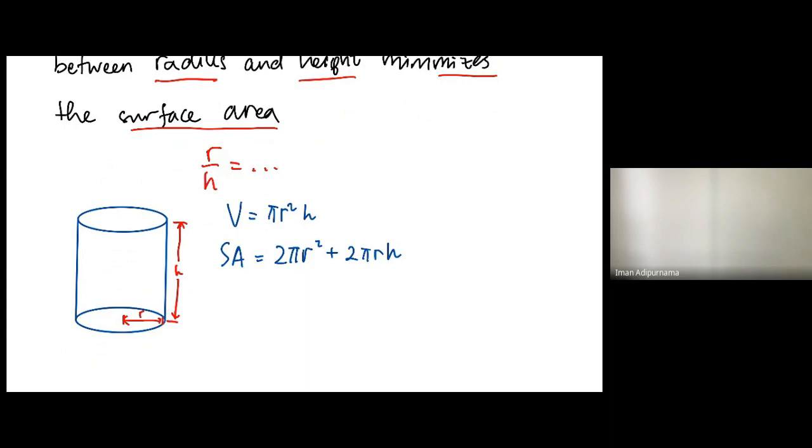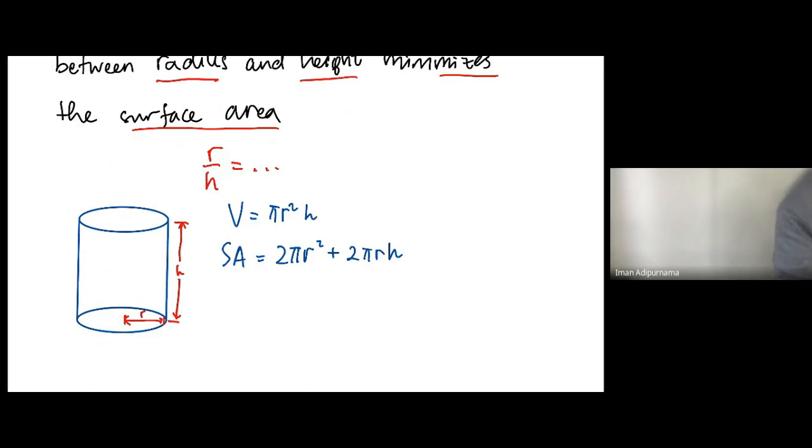Here we have volume and surface area. The volume is fixed, so this will be our constraint, and the surface area will be what we optimize.